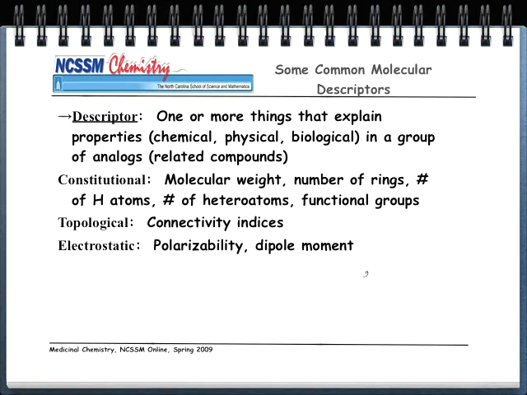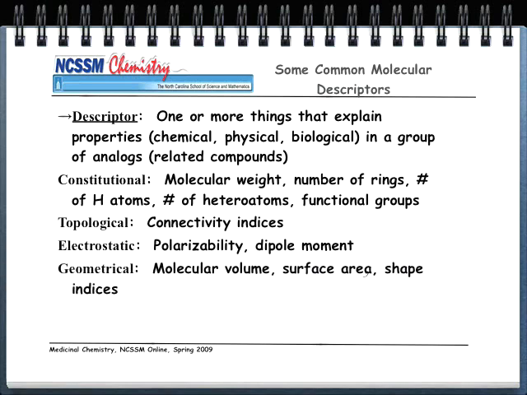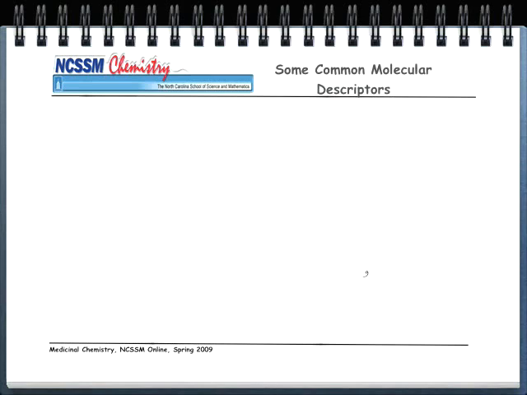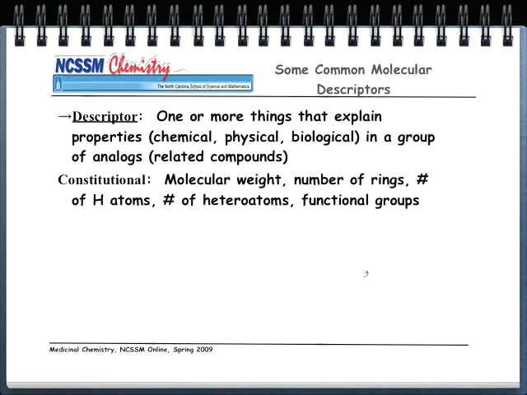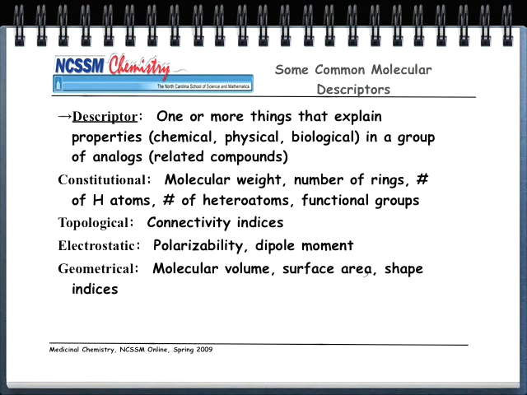These will all be examples of electrostatic descriptors. There are geometrical descriptors, such as the volume of the molecule, the surface area of the molecule, and the shape of the molecule, what we call shape indices. And there are some statistical mechanical descriptors, such as the vibrational frequencies of a particular molecule. Okay, so those are all molecular descriptors that we can use as parameters to predict the biological behavior of some particular compound.